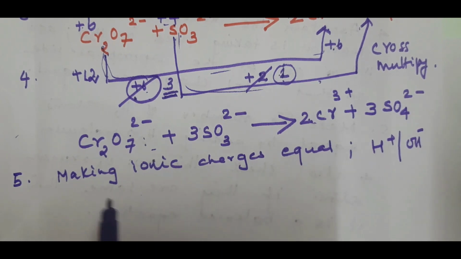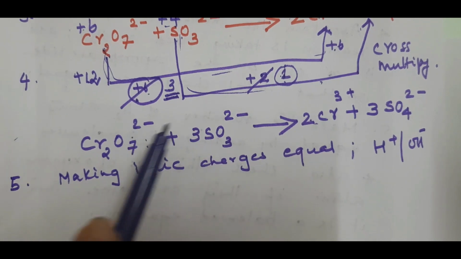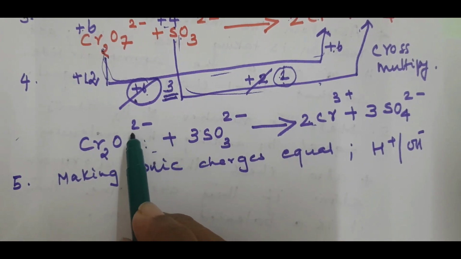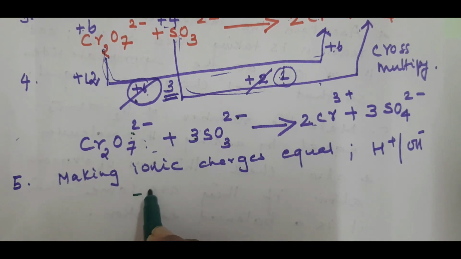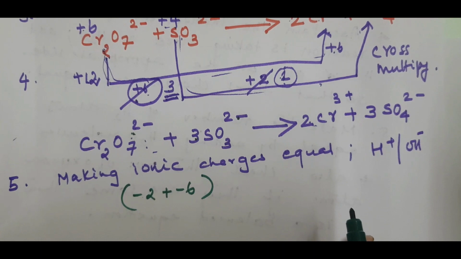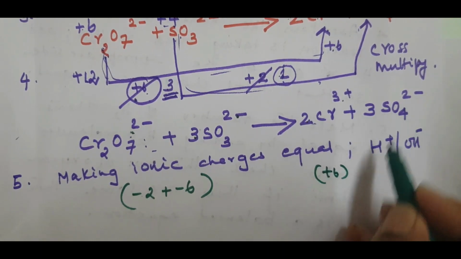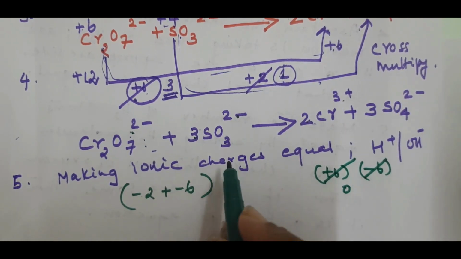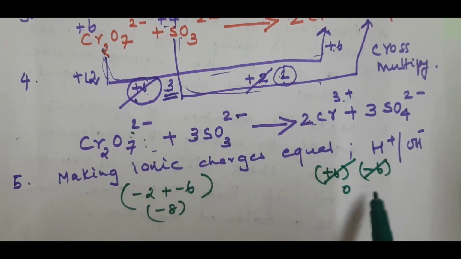See, the ionic charges here: minus 2 plus 3 into minus 2 is minus 6, so minus 2 plus minus 6 is the reactant side ionic charge. On the right, plus 6 and minus 6 is 0, and minus 6 and minus 2 is minus 8. So the charges are not equal.